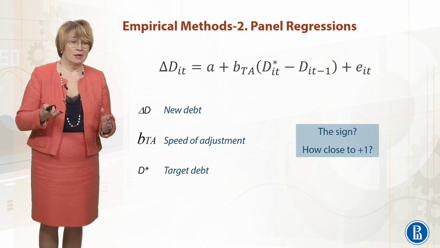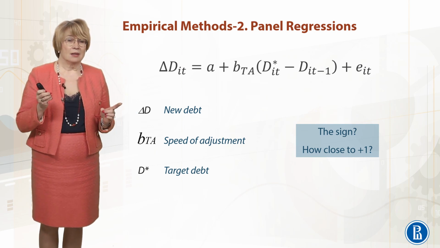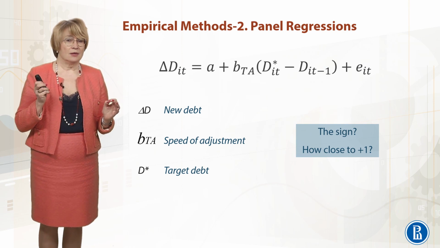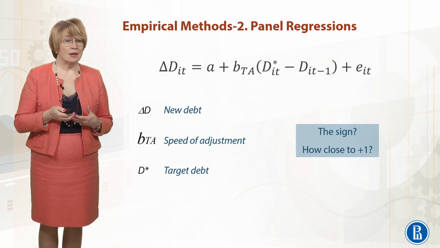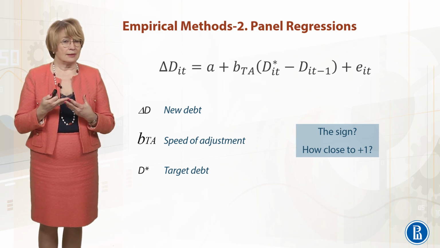So to be successful in verifying that the trade-off logic of financing really exists for some particular sample within some period of time, running that panel regression analysis, the researcher should get at the end of the whole exercise the beta very close to +1.